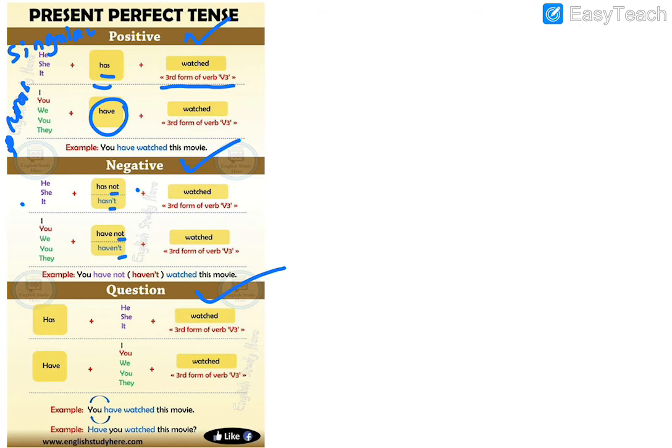Singular use has, plural use have. And for question, you put has or have in the front, and then subject, then verb. So you look at the example. You have watched this movie.